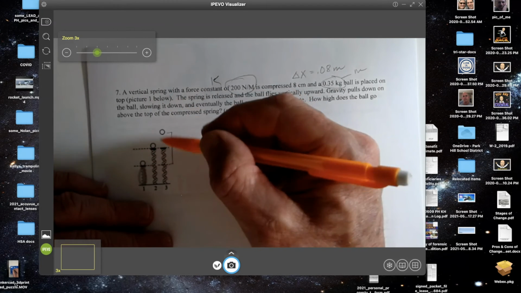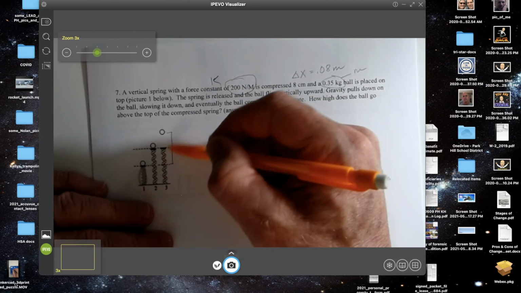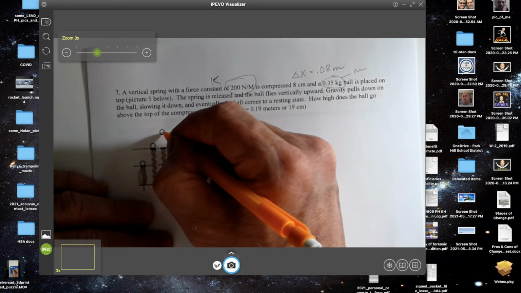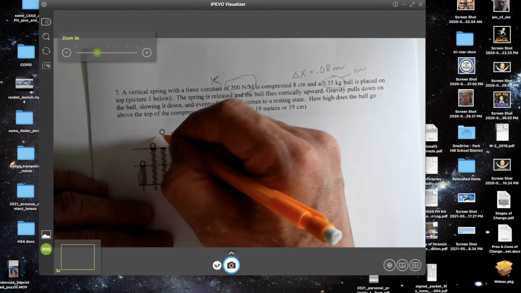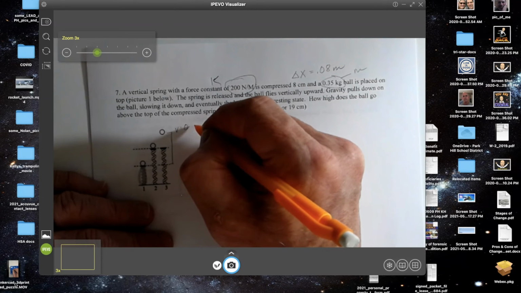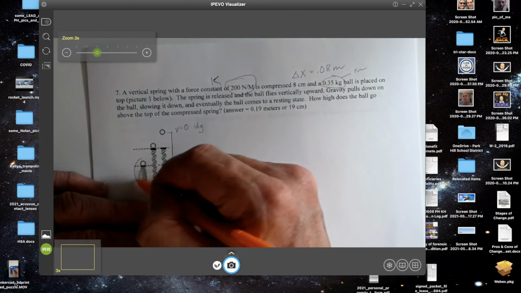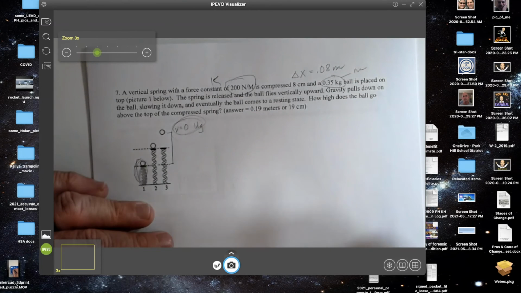Its spring energy is being translated into kinetic, but then there is a point where the object is in free fall upward, and gravity has slowed the object, and now the velocity is 0. And we have just potential energy, or U sub G. So we have spring energy going to U sub G here.